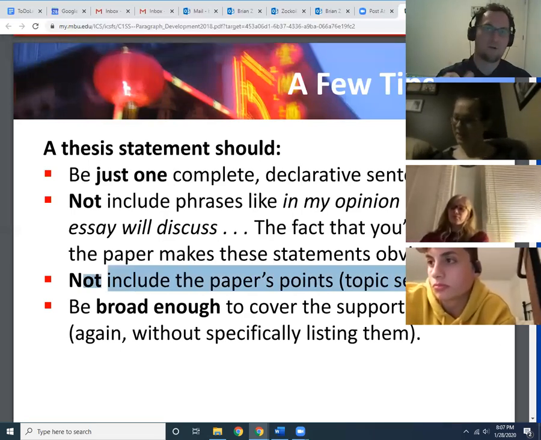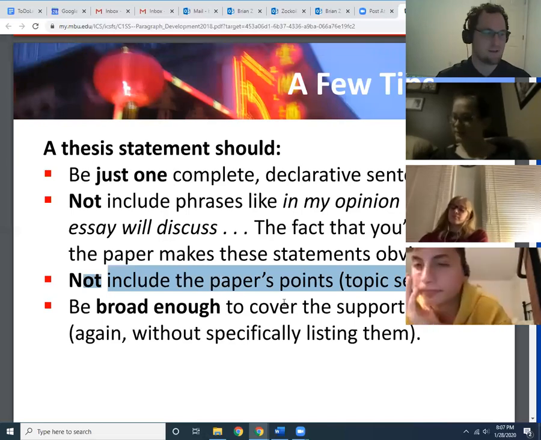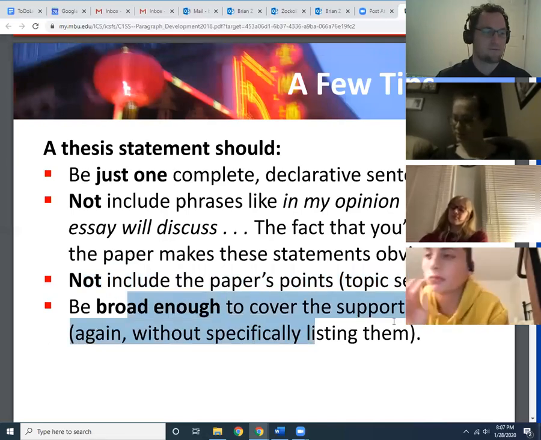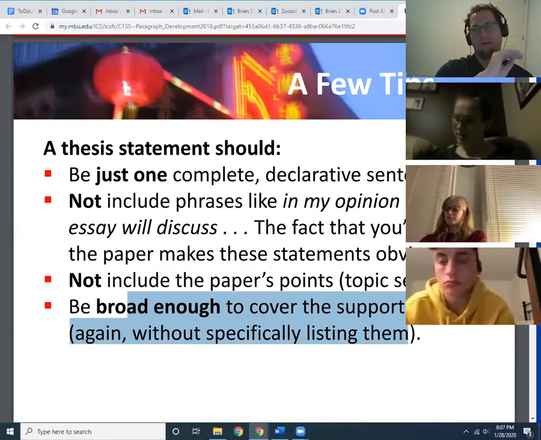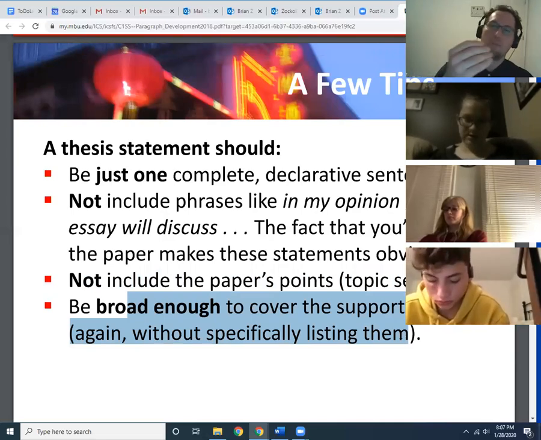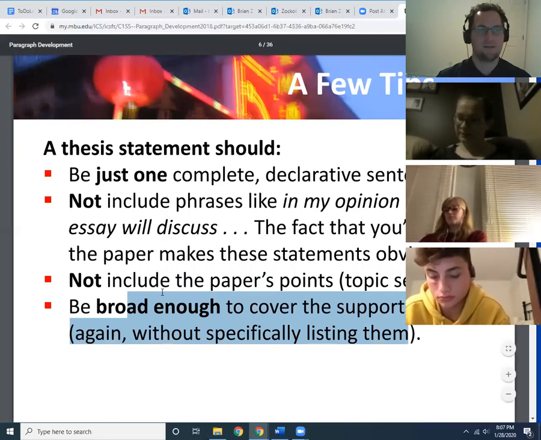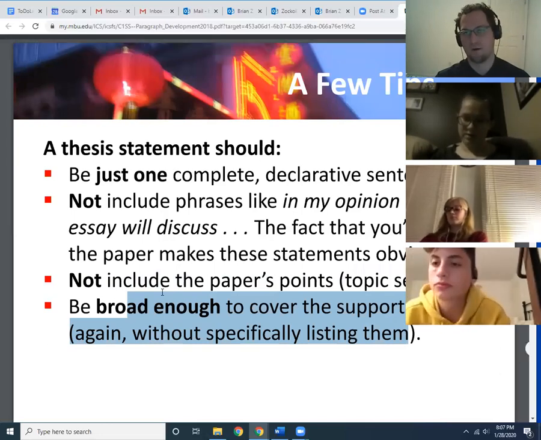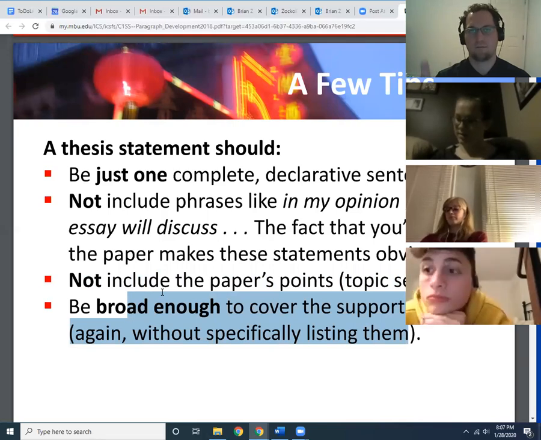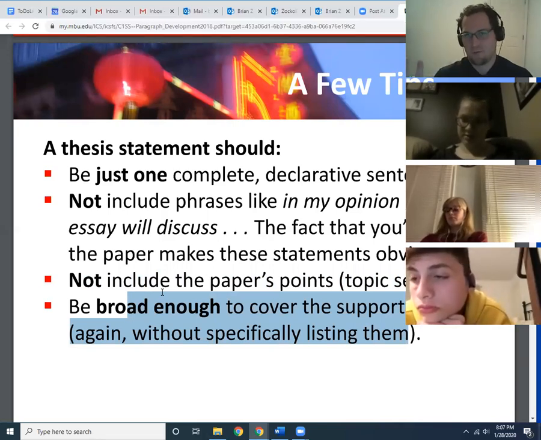Your thesis ends your introduction and is a sentence by itself. It should also be broad enough to cover the supporting points. Again, if I say the Orioles are the best team in baseball, my reasoning goes under the umbrella statement. But if I say the Orioles are the best team in baseball because of their play, or because the Orioles players are the best players in baseball, I can't talk about their ballpark because I'm not talking about the players.